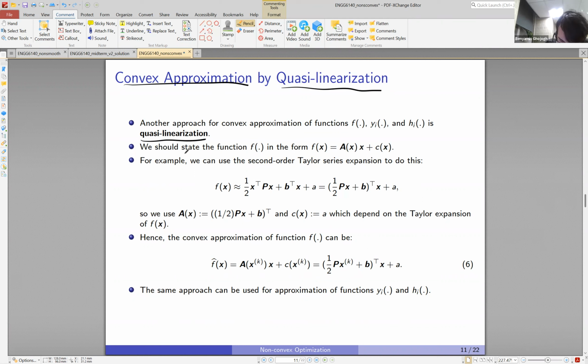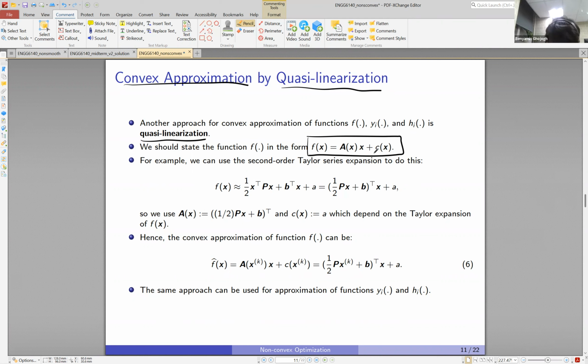We should state the function f in this way. So we can say f of x equals A of x times x plus c of x. Okay, now let's see what these are. For example, we can use the second order Taylor series expansion to do this. Again, we can write f as x transpose Px plus b transpose x plus the bias a, where P is positive semi-definite.